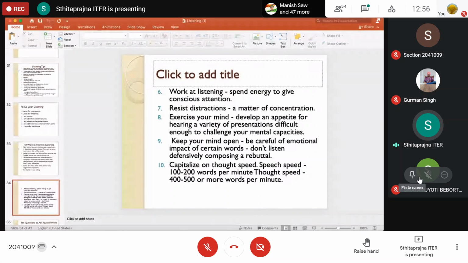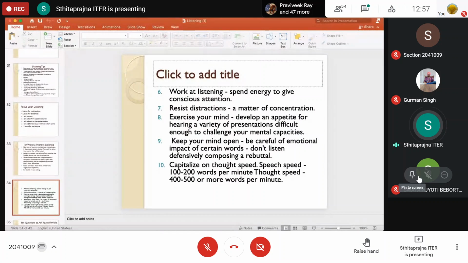Work at listening. You have to really work at listening because listening is hard work. It's both physiologically and mentally difficult work. So spend some time as to how you can give attention to listening. Basically, it's kind of a meditation. Listening is also kind of meditation, where you resist distractions.